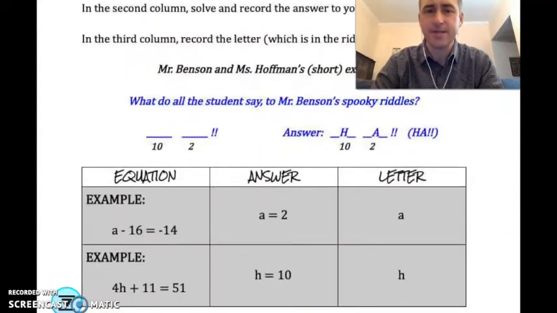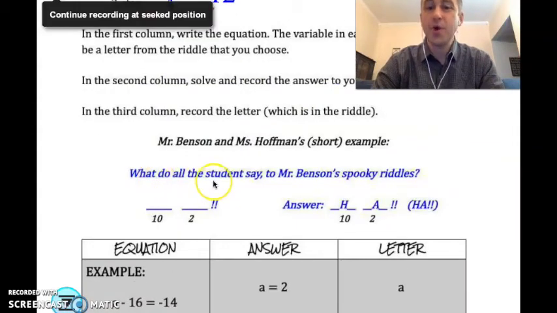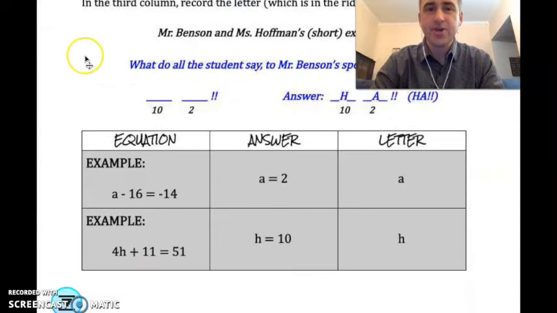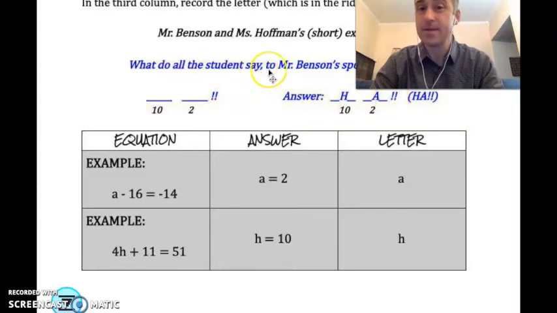So here's an example. What do all students say to Mr. Benson's spooky riddles? So at the bottom of your page you would put lines, and these are the answers. This answer is going to be ha ha. How did they get ha ha?